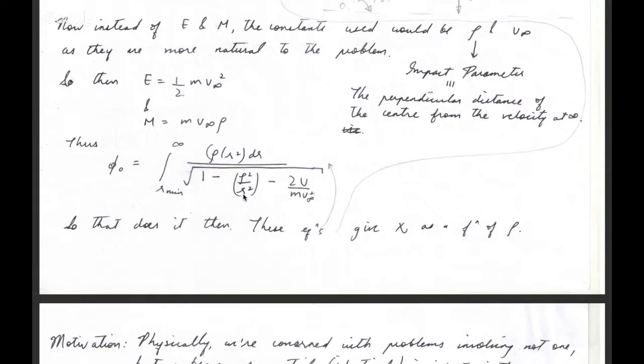From there you can write it in terms of cos inverse, because pi is 2 pi minus 2 phi naught, right? No, pi minus 2 phi naught.